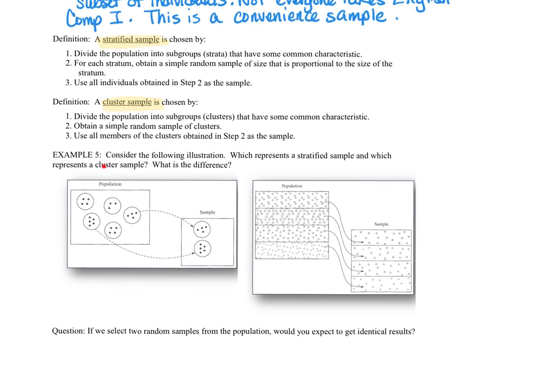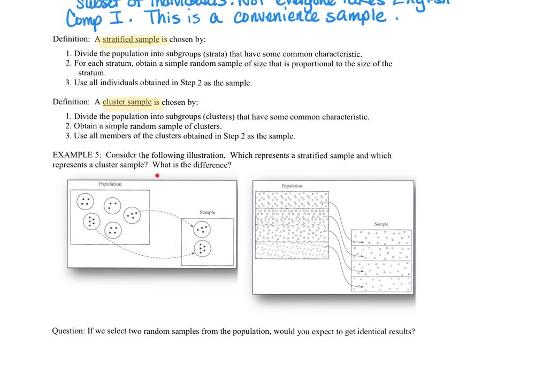So example 5, consider the following illustration. You have a population and then you have a sample chosen, which represents a stratified sample and which represents a cluster sample.